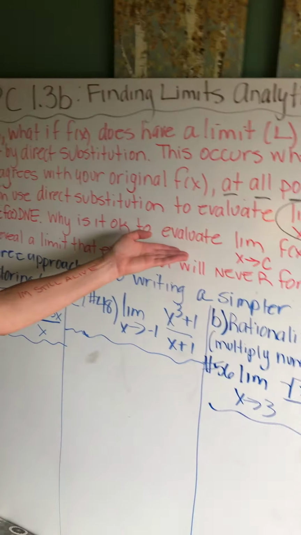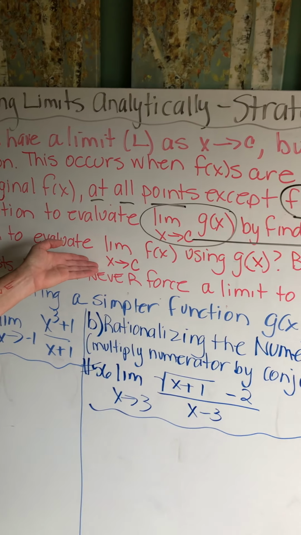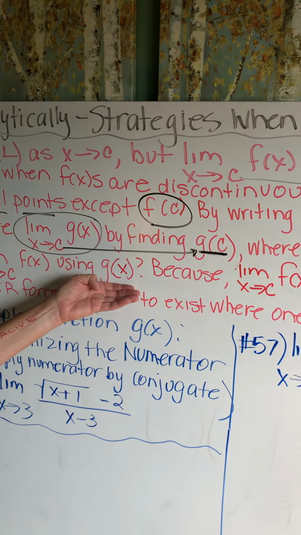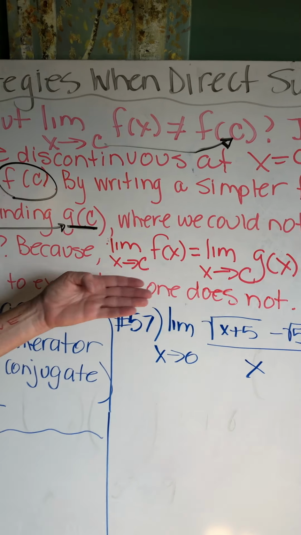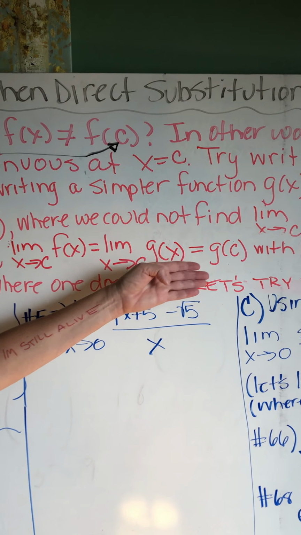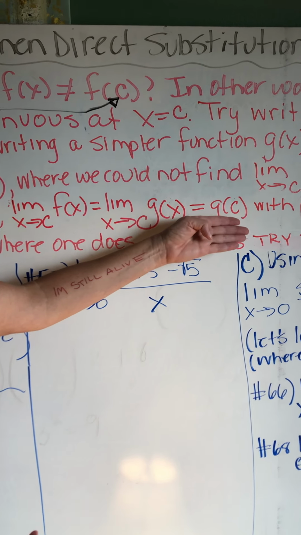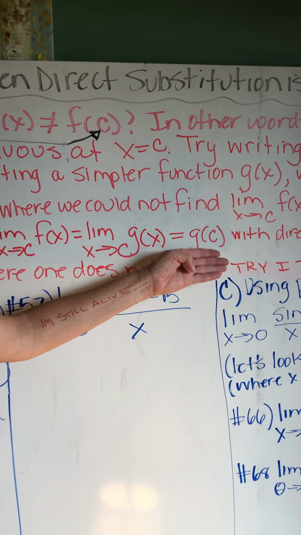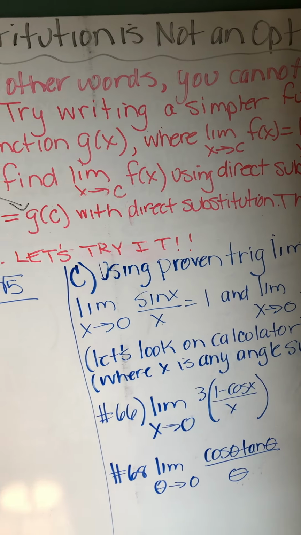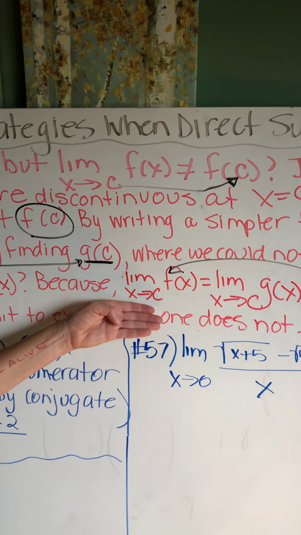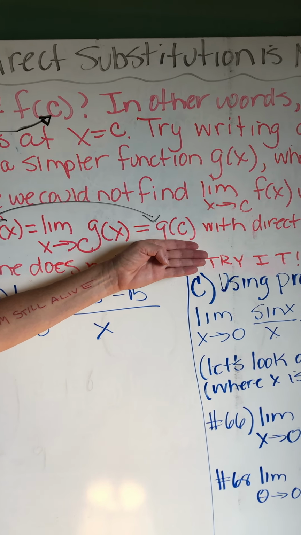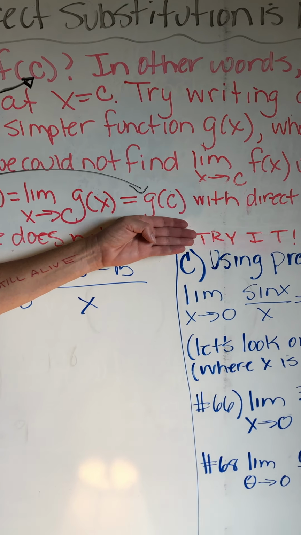Why is it okay to evaluate the limit as x approaches c of the original function using this simpler function? Because the two limits are equal of the functions, and the limit of our simpler function does equal g of c with direct substitution, meaning then that the limit as x approaches c of f of x does equal the direct substitution for a simpler function.